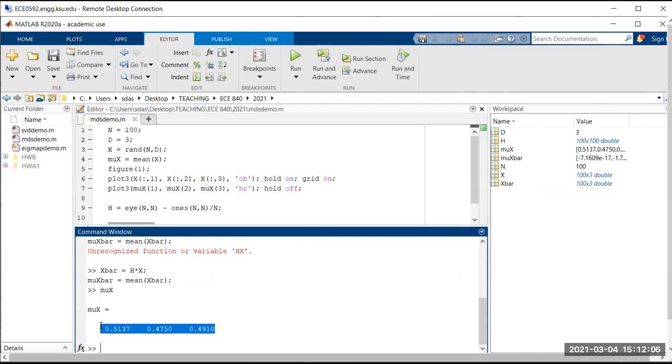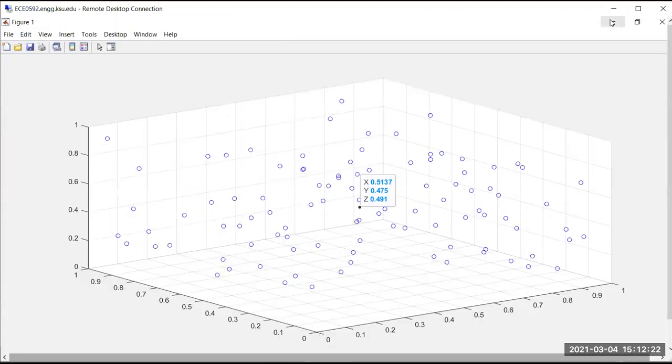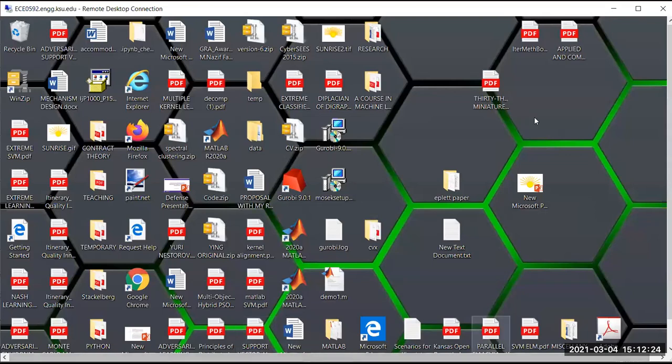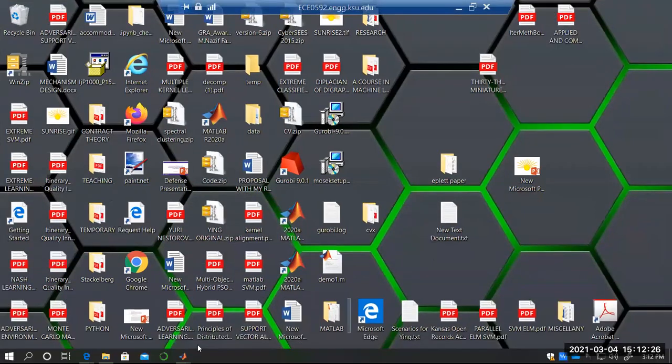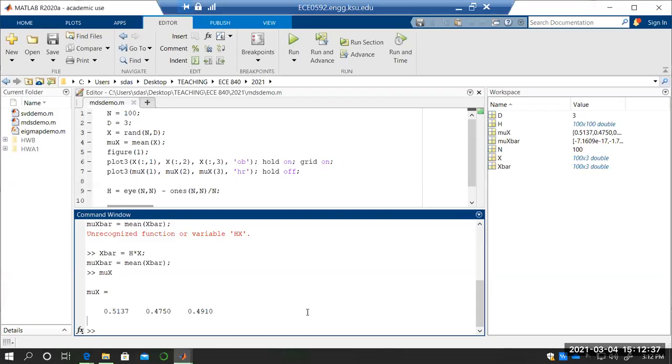Well, actually the transpose, which was, if you go to figure 1, where is figure 1? It's this point here, right? Yeah. Okay, so this is mu x.